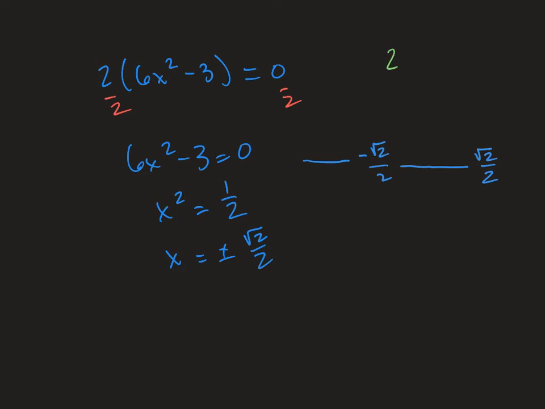We're testing out 6x squared minus 3 over e to the x squared. So we have to plug some value in that's in between these two. I'm going to plug in 0. And I also have to plug in one that's bigger than the square root of 2 over 2.